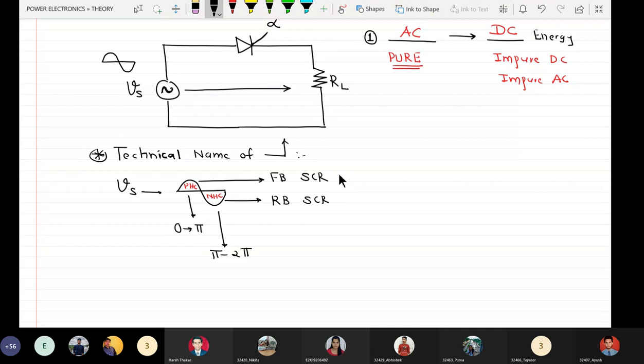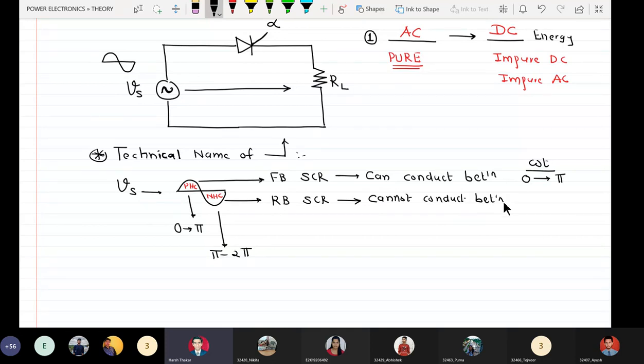So the SCR can conduct between omega t 0 to pi, and because in the negative half cycle it is reverse biased, it cannot conduct between pi to 2 pi.